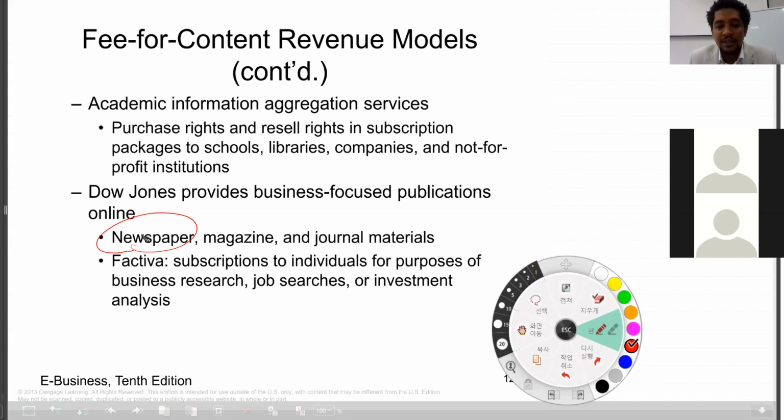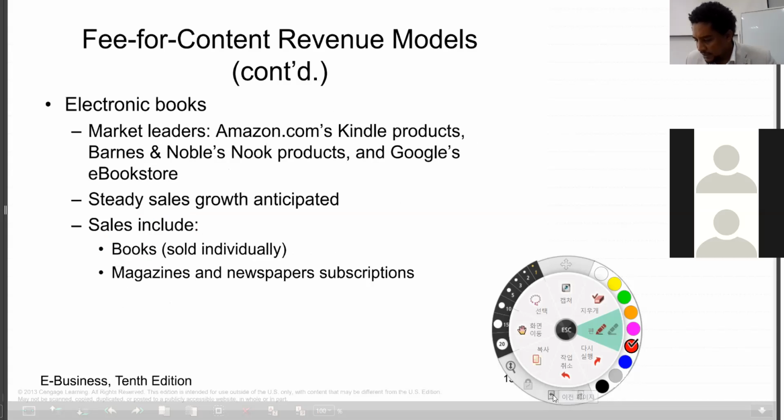These magazines ask for a subscription, right? The subscription fee could be like $10 per year or $20 per year. So you pay that, then you read the content. That's why it is called a fee for content.